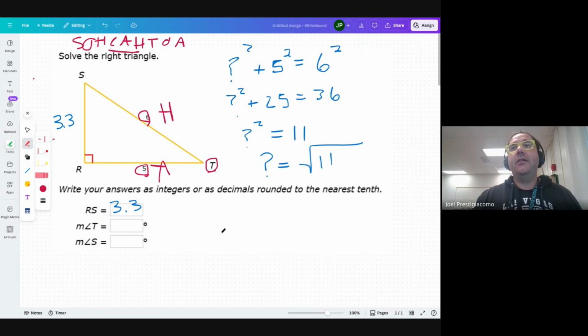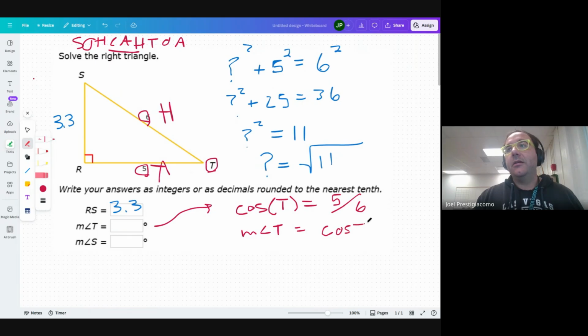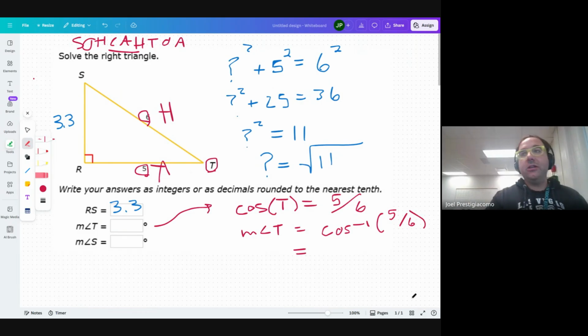So this is cosine. So for angle T, the cosine of angle T is going to equal 5 over 6, which means that the measurement of angle T is going to be the inverse cosine of 5 over 6. So this is where we have to use the inverse trig function.